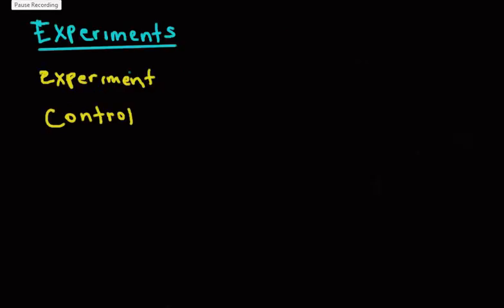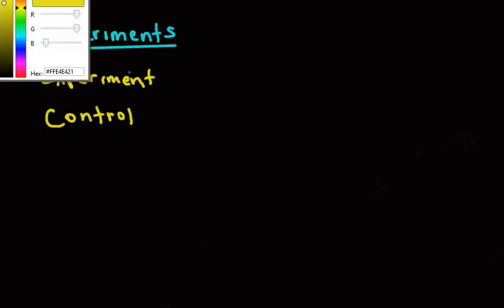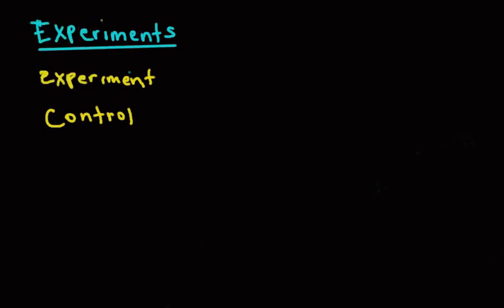Okay, now we can move on and try to understand the experiment as well as the control. You have to know what is an experiment and what is a control. In my understanding, the experiment and the control are the same except for one factor: the element or the variable that is being tested for is removed in the control.